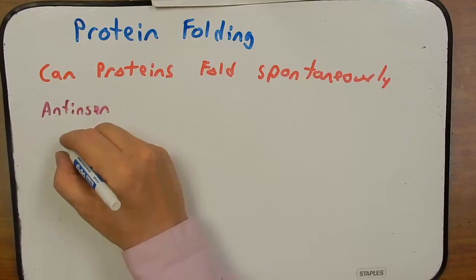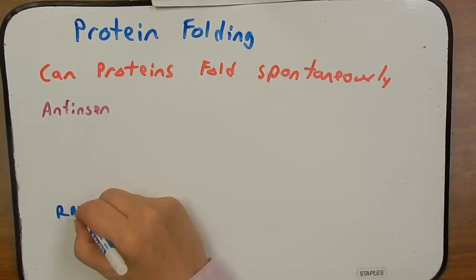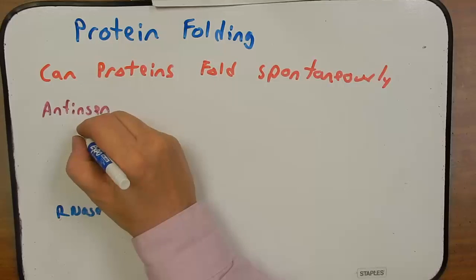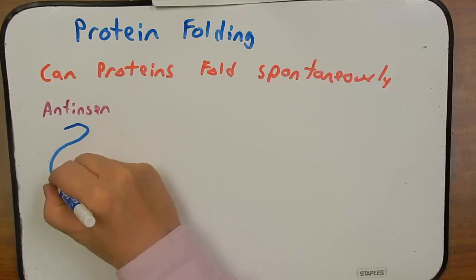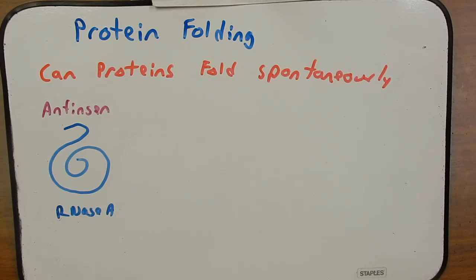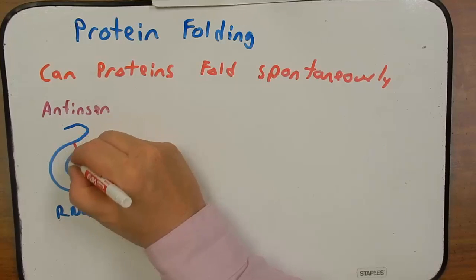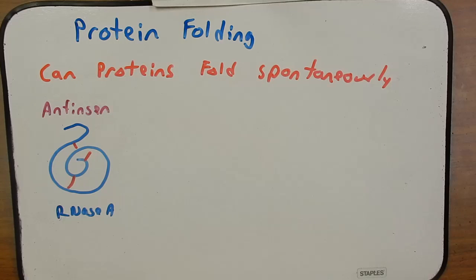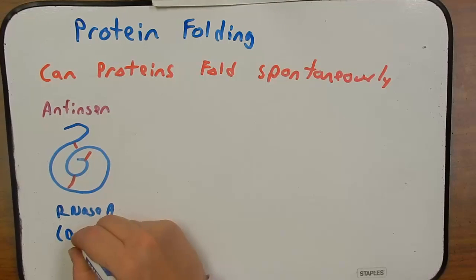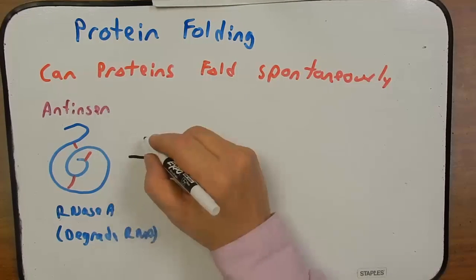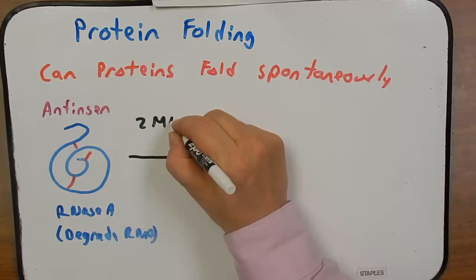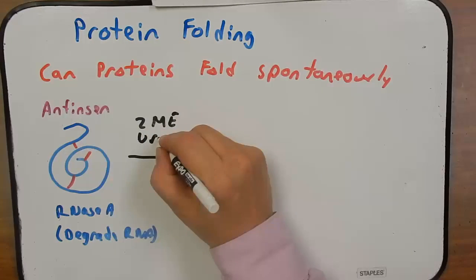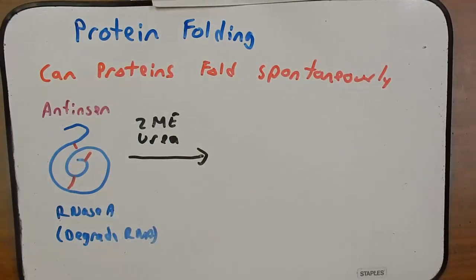He took an enzyme called RNase A, and so let me just draw it like so. And this RNase A enzyme was stabilized by various disulfide bonds, as well as some other forces such as hydrogen bonds and electrostatic interactions. I should also mention that RNase A, its job is to degrade RNA. He took this enzyme and added a reducing agent, beta-mercaptoethanol, and urea, and that helped break these disulfide bonds.